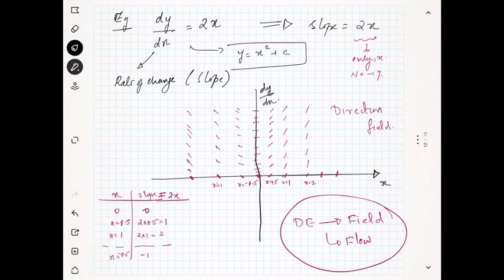Just integrate on both sides and you get y is equal to x square plus c. The graph will be like this for different values of c. That's what you are getting here. Each point is changing like this. That means the direction field is giving you, without solving, the direction in which each point will be tending towards.